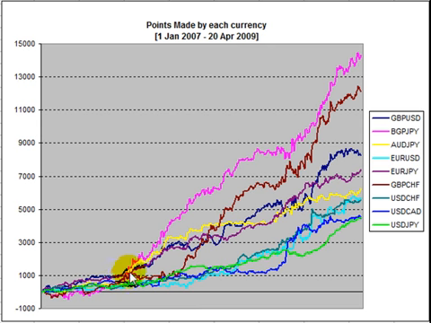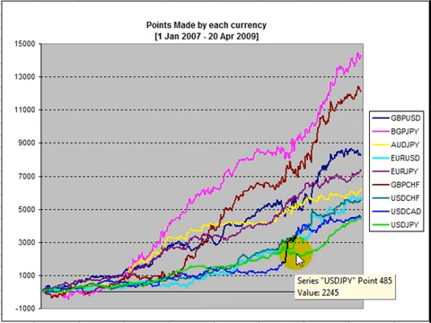And here you can see the pink line, which is the pound yen, is one of our star performers in currencies, through to lower performers like the US dollar yen.